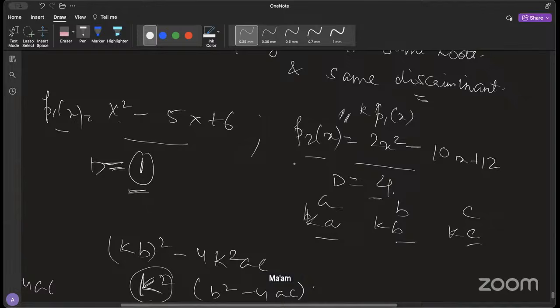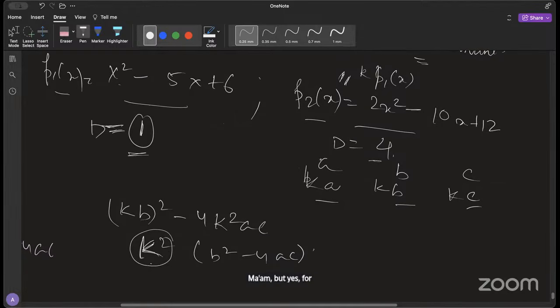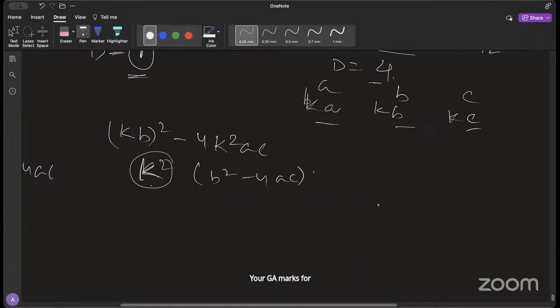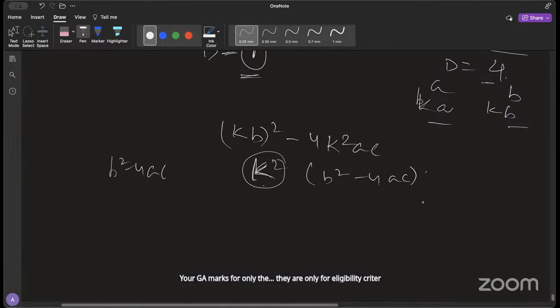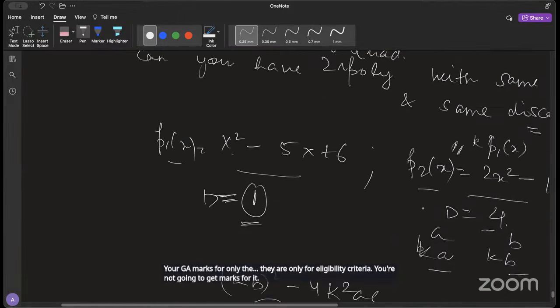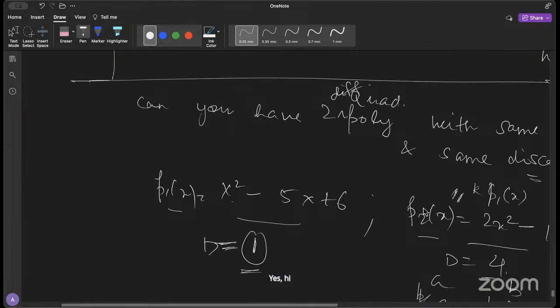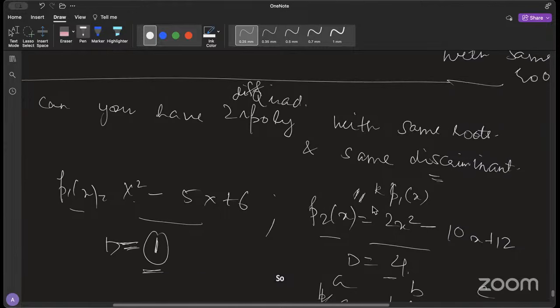Ma'am, but for that I got the GA marks reduced. That's okay. Your GA marks are only for eligibility criteria. You're not going to get marks for it. Don't worry. Yes, sir also told this before.